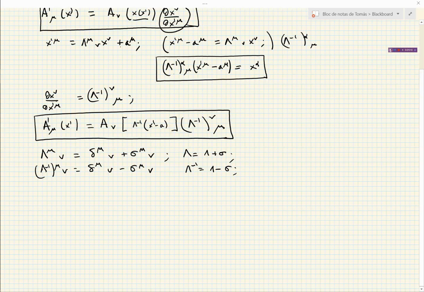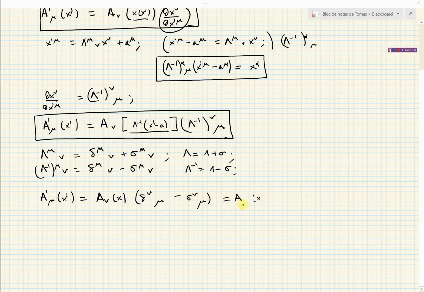So let's go here and substitute, and we have A prime mu of x prime is equal to A nu of x, this is x, and delta nu mu minus sigma nu mu, which multiplies A nu of x.